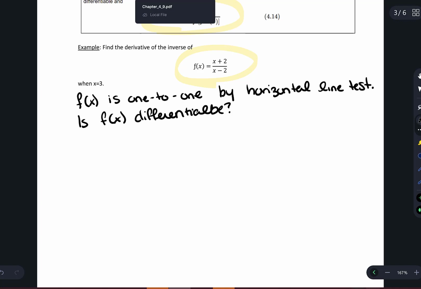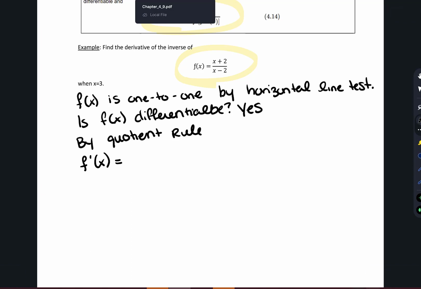The answer is yes. And we can see that if we apply the quotient rule here, we'll be able to take the derivative. So let's go ahead and do that. So by the quotient rule, the derivative of x, now notice we've got two functions here in the quotient. The first function is x plus 2, and the second one is x minus 2.